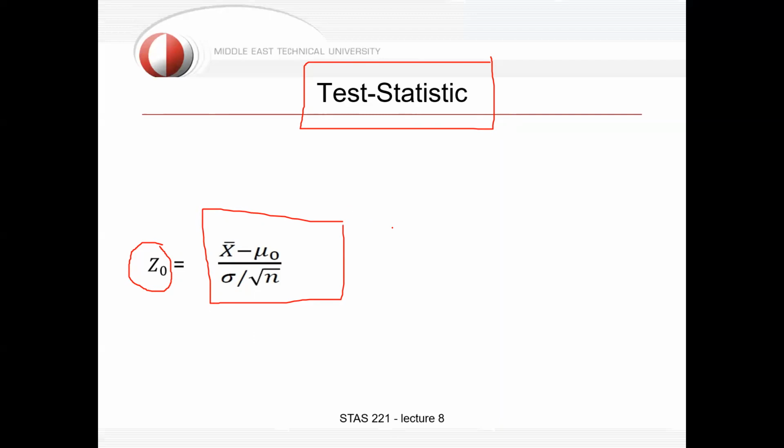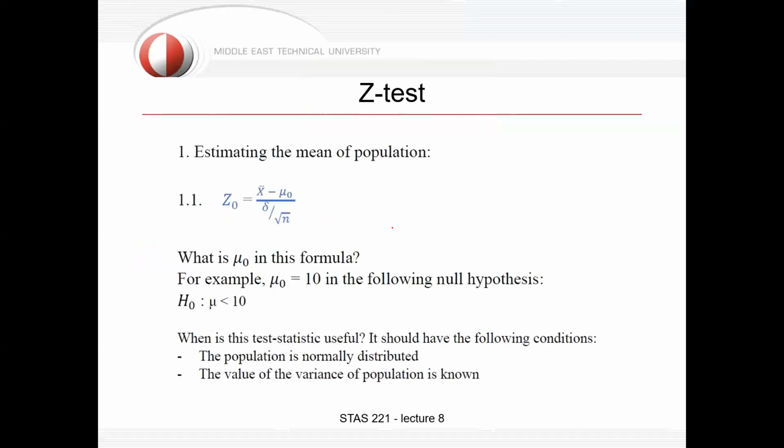For confidence interval, I already mentioned the cases. But for test statistic, I've decided to create all the cases so that it will be easier for you to know how to calculate it. So let's go through all the possibilities.